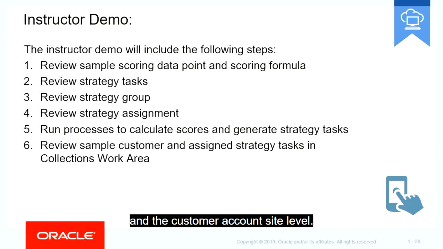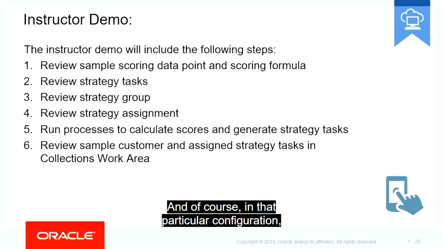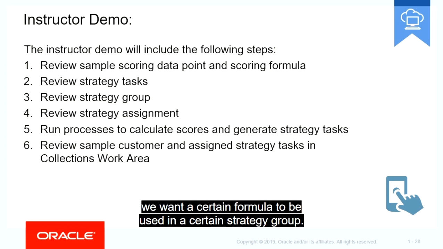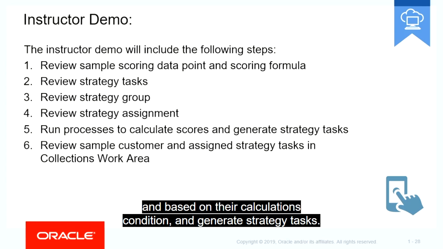Okay, and of course, in that particular configuration, we saw that we can indicate that for different levels, we want a certain formula to be used and a certain strategy group. Then we run processes to calculate scores for customers based on their collections condition, and generate strategy tasks.